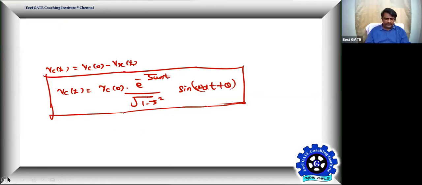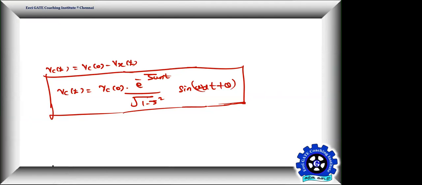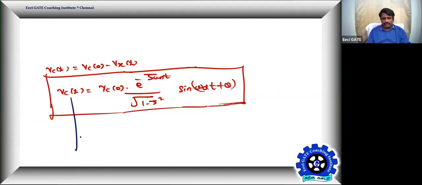Fine, everyone? Following? Okay, a little lengthy. Then plot what is really happening to your voltage. At time t equal to 0, what's voltage across capacitor?